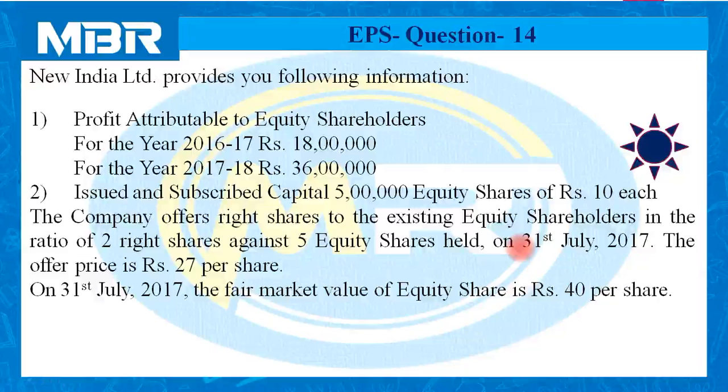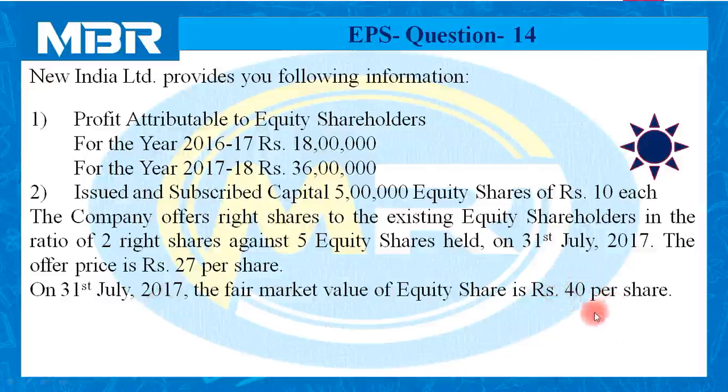It is one of the important dates as far as our calculation is concerned. The offer price is rupees 27 per share. On 31st July 2017, the fair market value of equity share is rupees 40 per share.